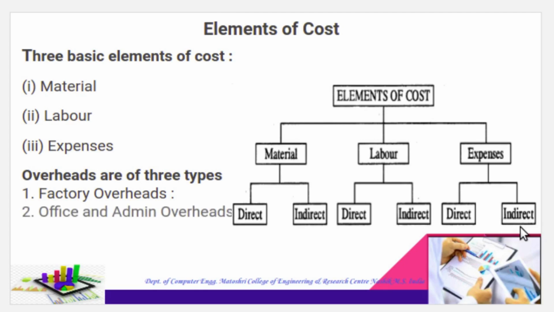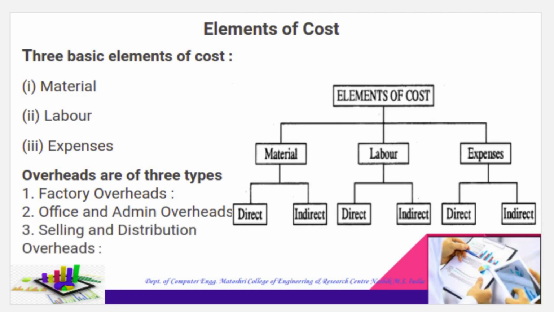Then the second is office and admin overheads. It means materials like printing and stationery, and the salaries of the office manager and clerks are expenses belonging to the administrative overhead.